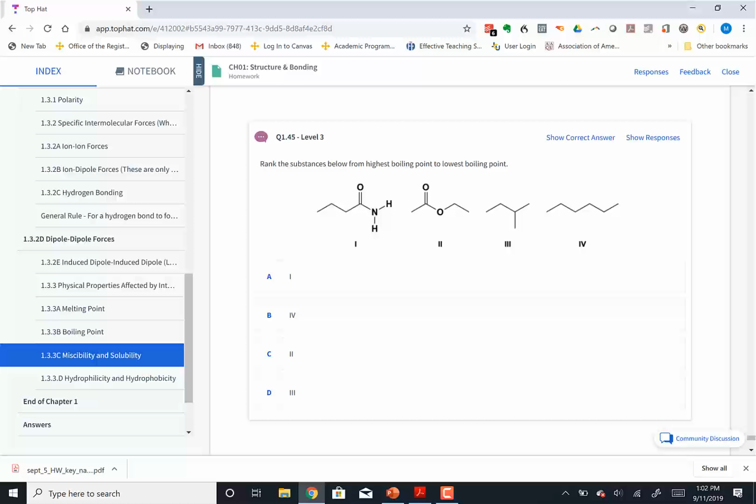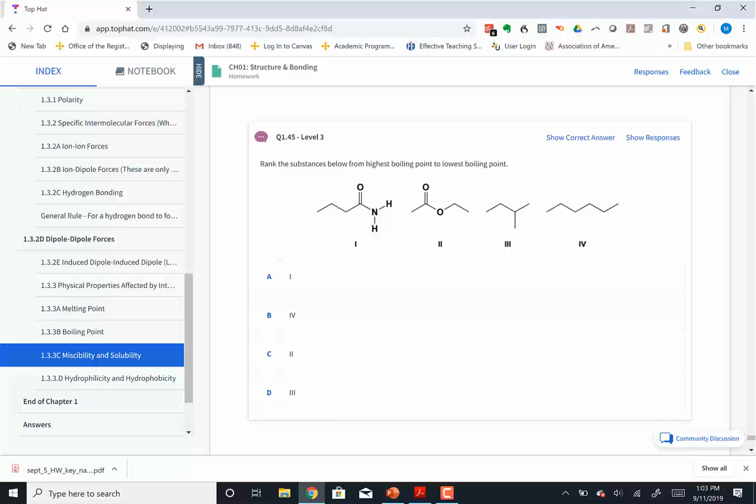Okay, so there's two things that go into boiling points or melting points. The first being the molecular weight of the molecule. The higher the molecular weight, the higher the boiling point's going to be, because that has to do with kinetic energy.